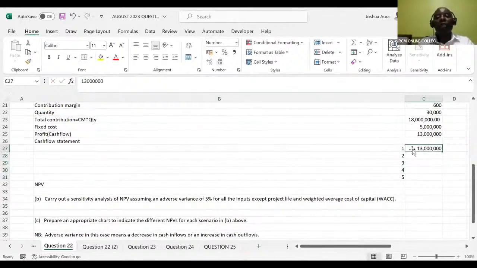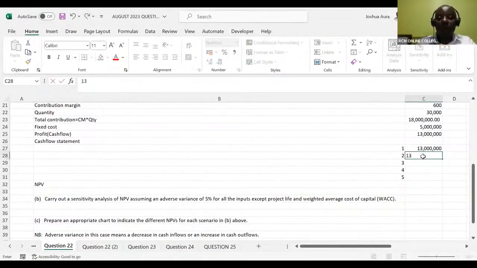For 5 years. You can come and drag this, but for now, you just use the longer way first. Every year I'll be teaching you the shortcuts, but for now, every year I'm enjoying this 13 million.